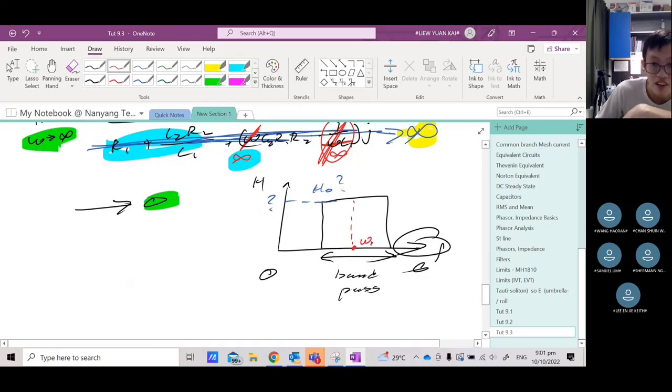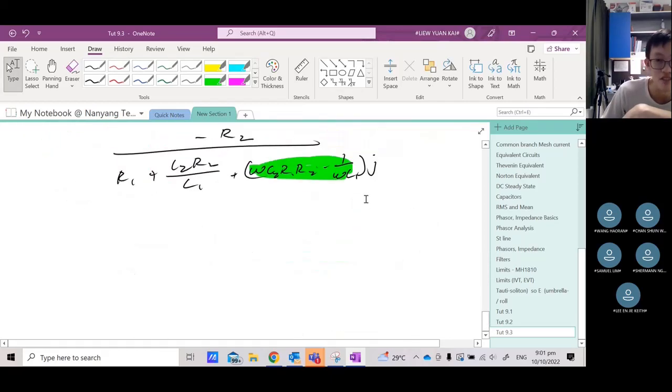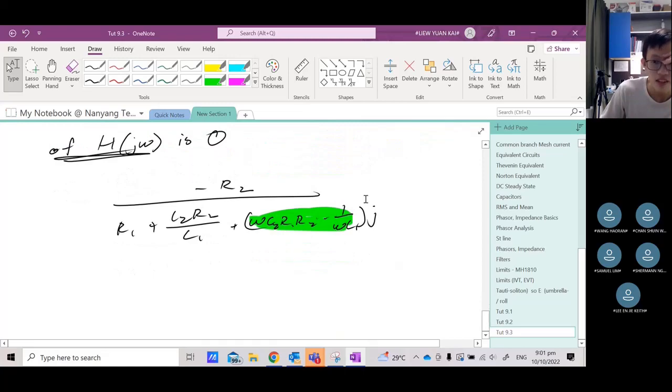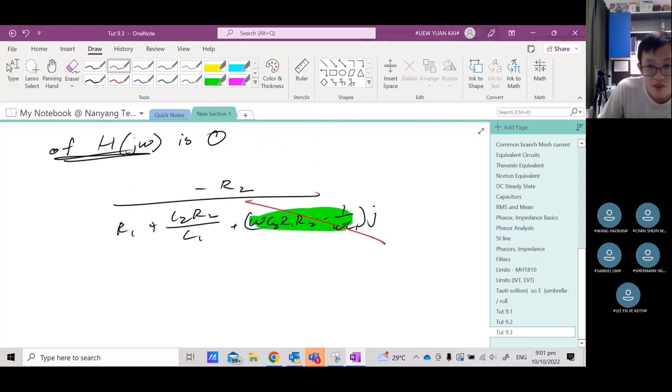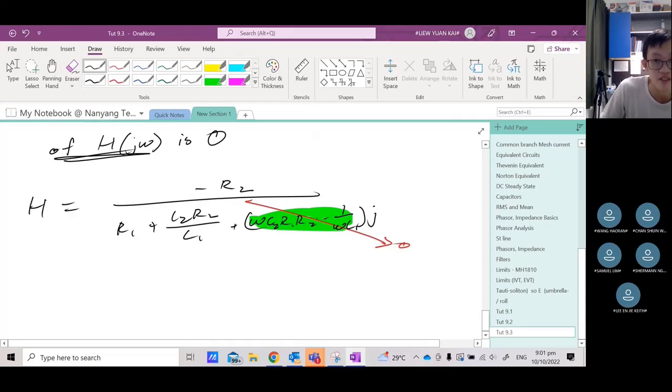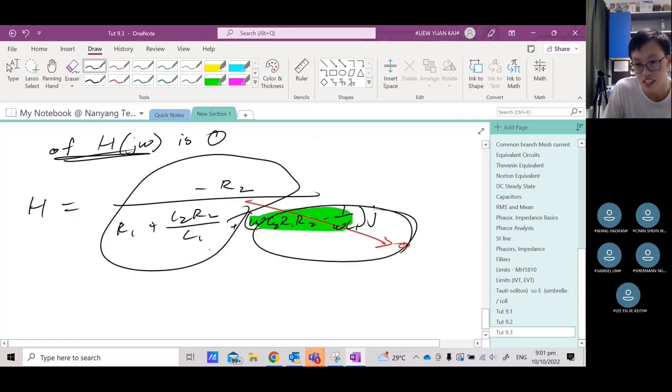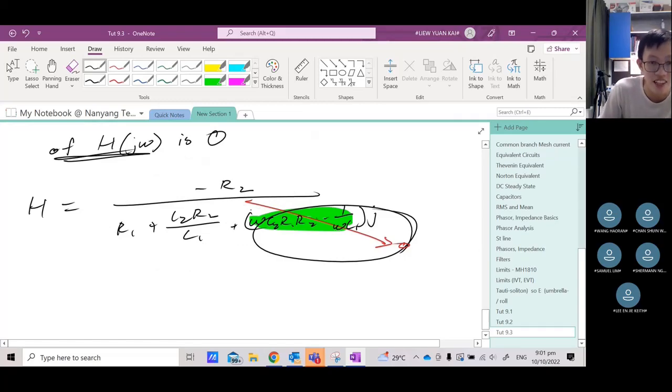Let's call it omega R. Okay, omega R is resonant frequency. And what will happen at omega R? This will all become 0. Remember, this is our expression for H, right? So when this is equal to 0, then the rest of it gives our maximum gain. The rest of this, you literally just equate the imaginary part to 0.